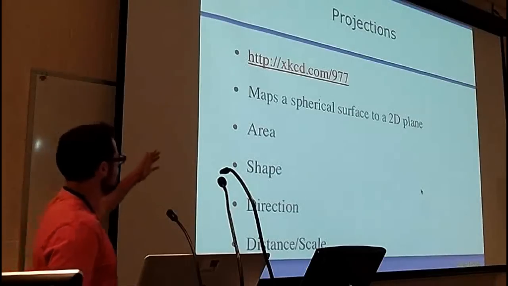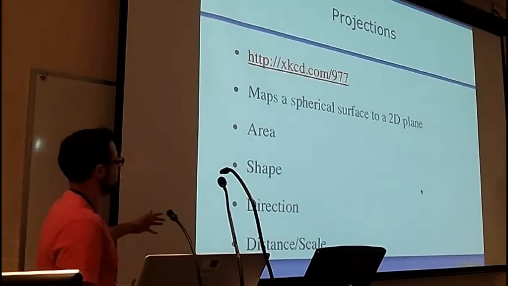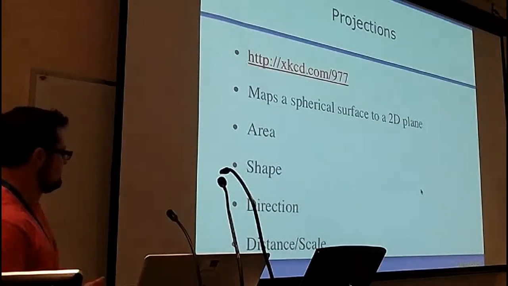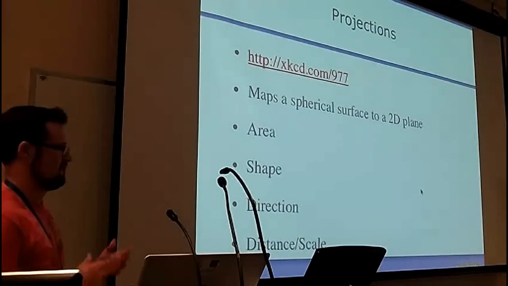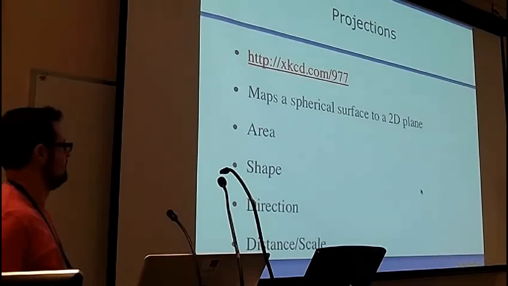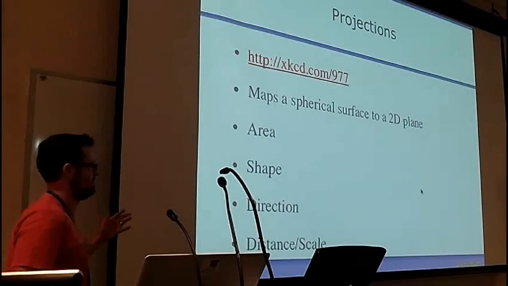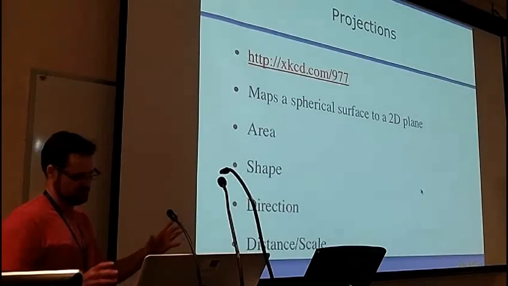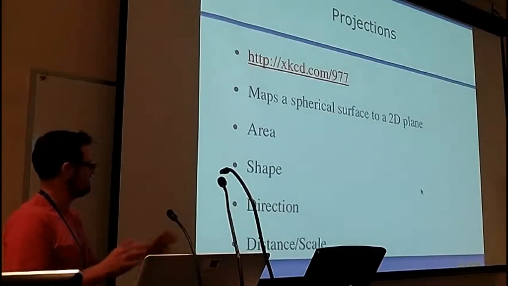To give you an idea of some of the information that's associated with a projection, you need to have area, shape, direction, distance, scale. So you could be talking about degrees, metres, kilometres, lat long. The shape is quite important. They often talk about spheroids or ellipsoids and geoids.